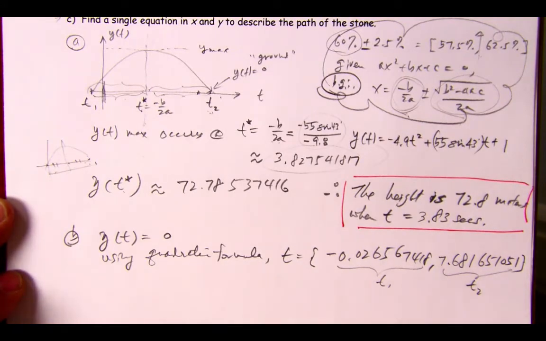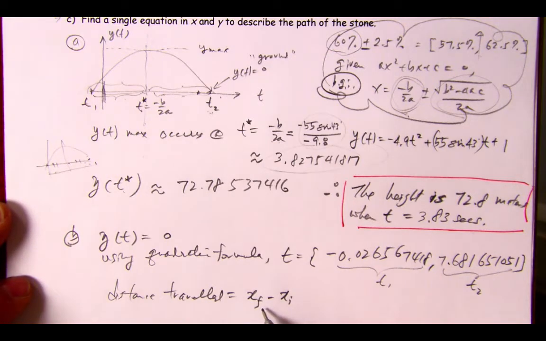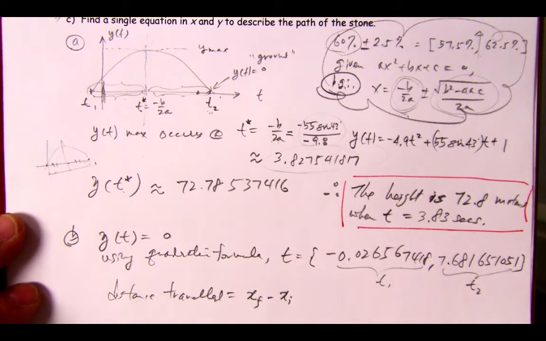Now, to answer this question, we want to know the distance traveled. So the distance traveled is x of f minus x of i, meaning final x position minus the initial x position, right? Where is my initial position for the x?